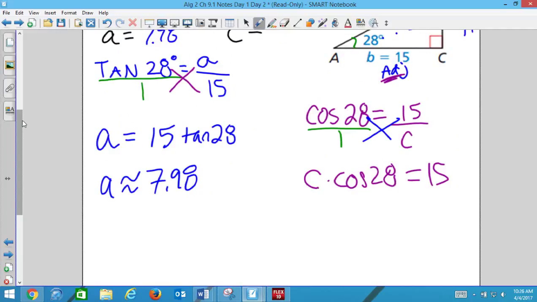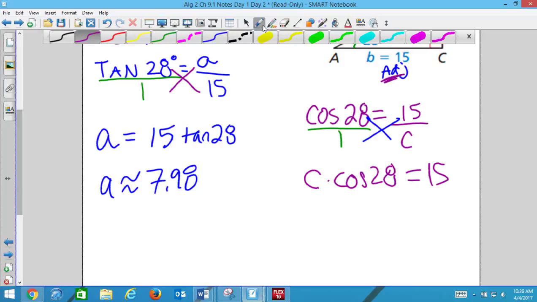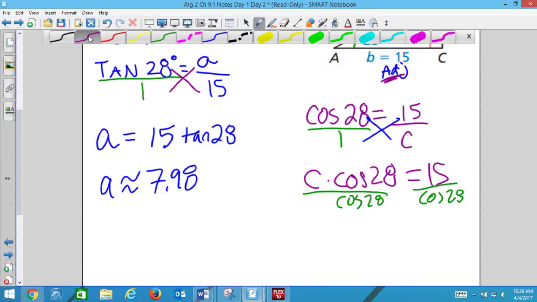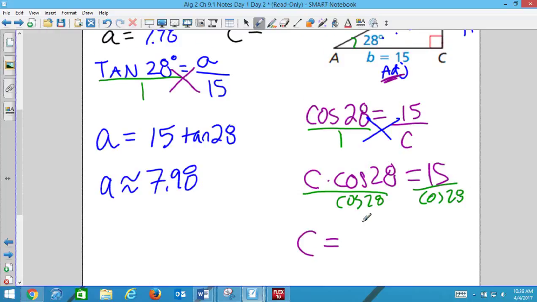It says C times cosine 28. So how do I get rid of cosine 28? Divide both sides by cosine 28. So we have C equals, divide in your calculator, 15 divided by cosine 28. Try it on your calculator.